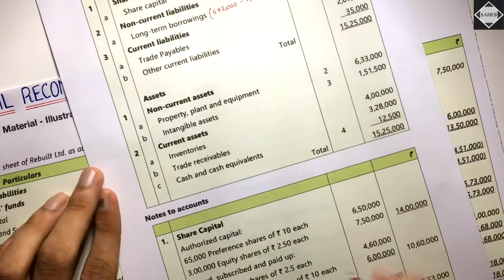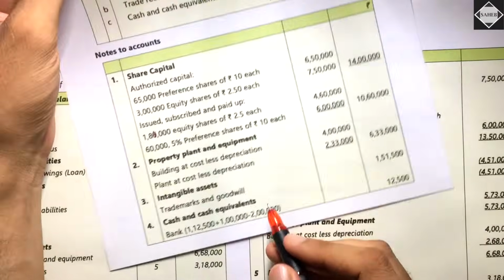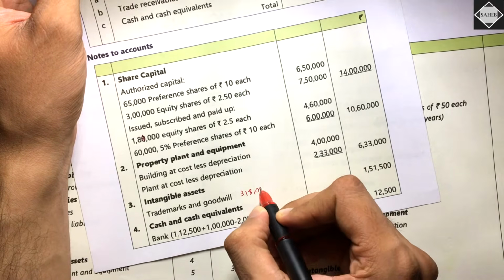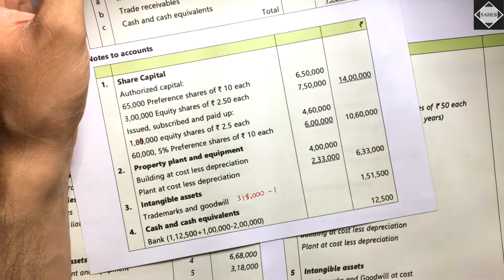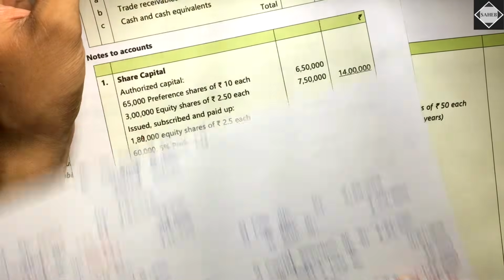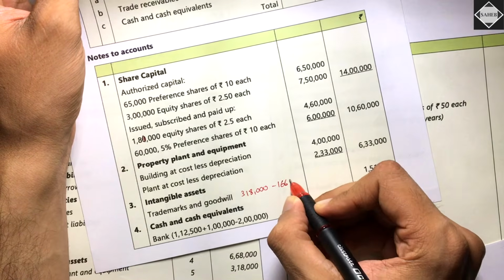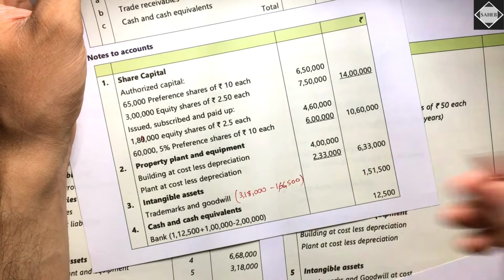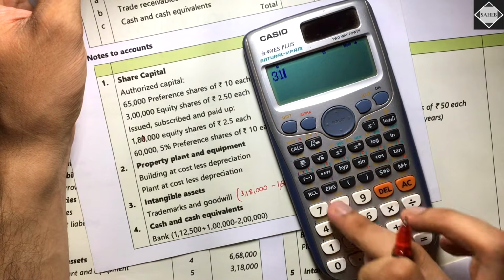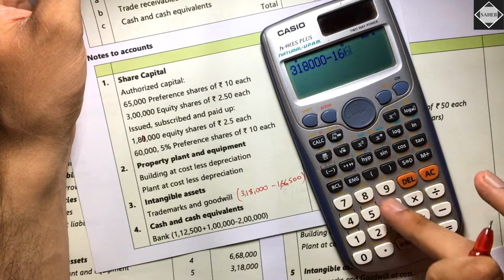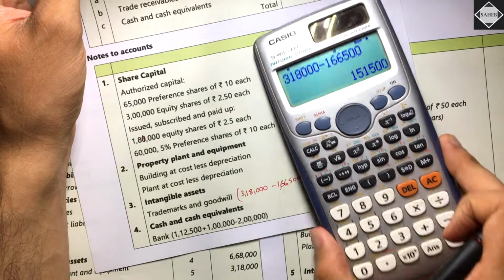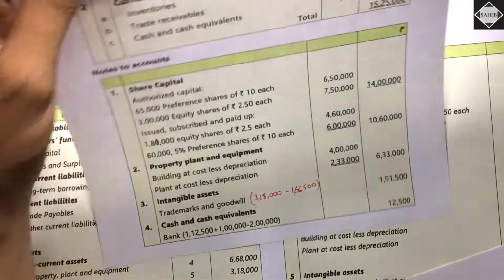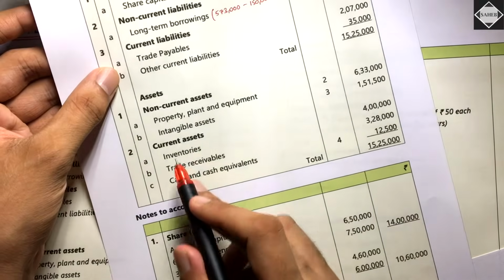So see, trademarks and goodwill in the notes, note number 3, 3,18,000 minus 1,66,500. That's equal to 1,51,500. Correct. Fine. Okay, so non-current assets are over, and then come to the current assets.